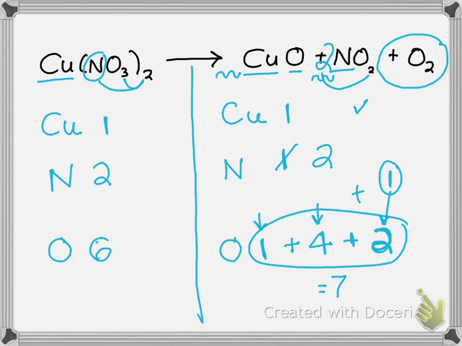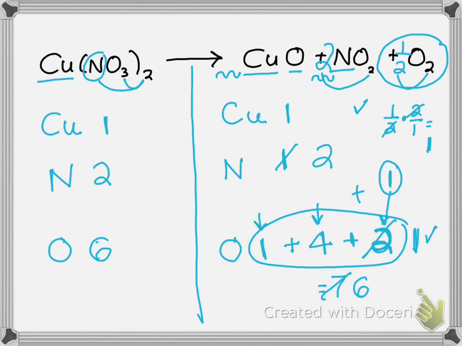I'm going to use a fraction. So if this is a 2, if I put a fraction 1/2 here, you can use fractions. You'll see how I have to fix it. So what this would say is 1/2 times 2, and that equals 1. So that would change this to 1, and that would be 6, and that would be balanced.